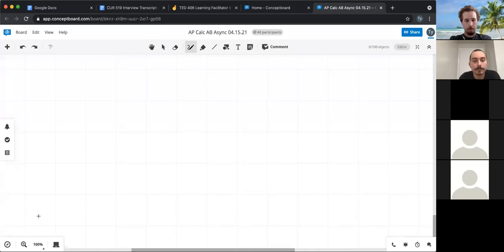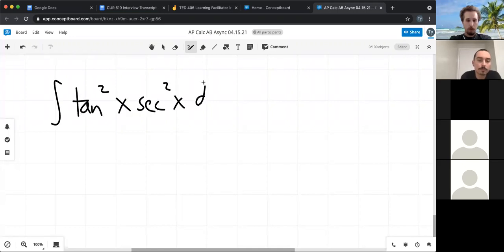Okay, so this is from your homework. It's an indefinite integral, but I kind of want to put limits of integration on it just so we have some practice with it. So let me think about what ones we could do.